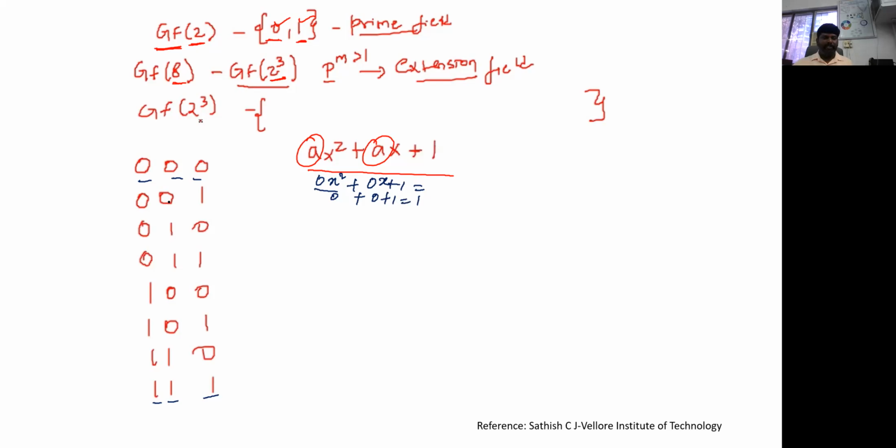Again, for 0, 0, 1, here also I'll get 1 only, right? Again for 0, 1, 0, I'll have 0x square plus 1x plus 0. Here I'll get only x.